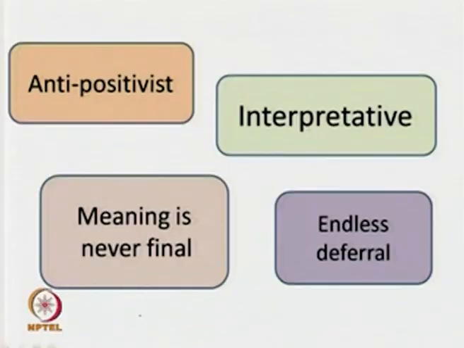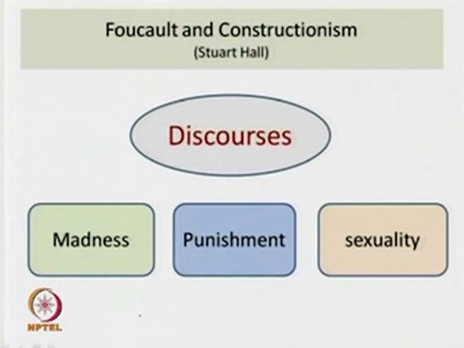This is to be understood as part of the system, as systematic. Therefore, anti-positivism, interpretation, the unfinalizability of meaning and endless deferral are part and parcel of the representation process and of culture in general.